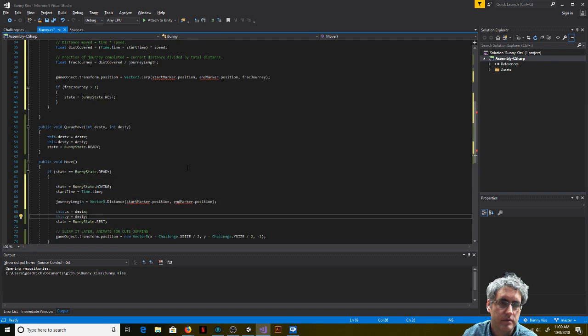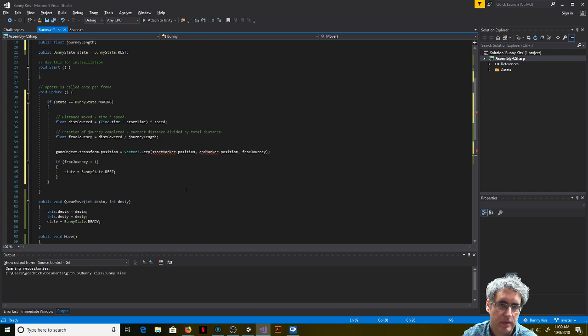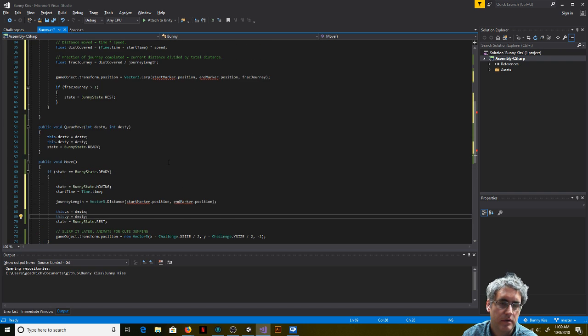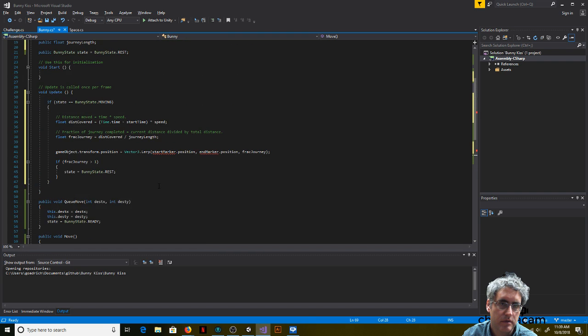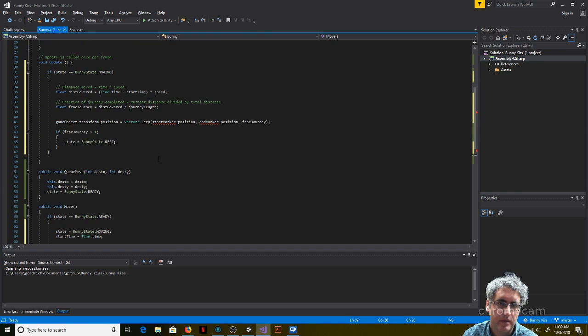See, but I don't have a start marker position. I just need to know. Oh, okay. Well, I can do this. Do Vector3 x y.